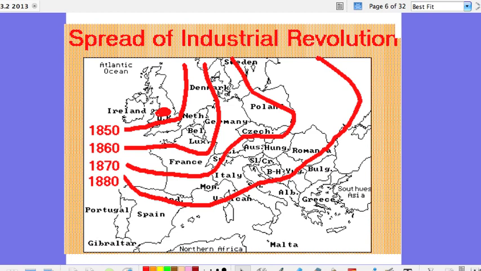And specifically in this section, we're talking about to the United States. So let's look at the different eras of migration to the United States, keeping in mind this spread of Industrial Revolution during this era of the 1800s, also called the 19th century.